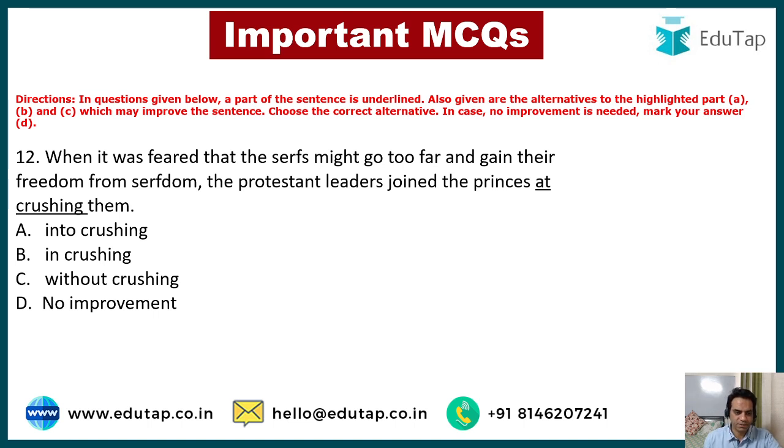So what should be the replacement? At crushing them, for, into crushing them, in crushing them, without crushing them, or no improvement? The Protestant leaders joined the princes in crushing them, not into crushing them. Joined the forces, joined the princes in crushing them. So that should be the correct replacement here, guys. The correct option is option number B.